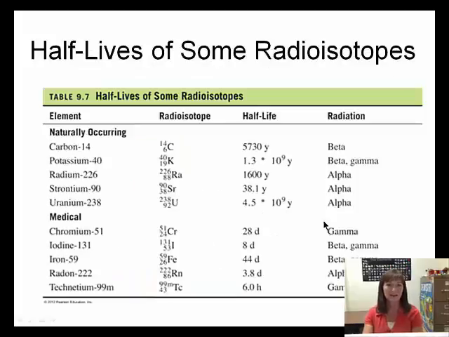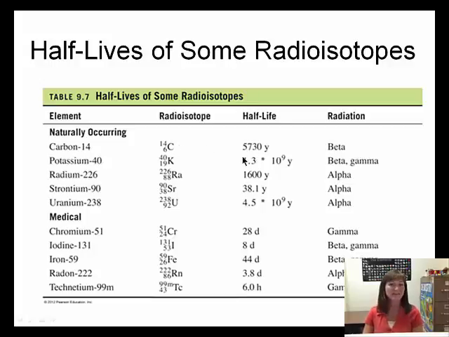Here are the half-lives of some radioisotopes. Here we've got some that occur naturally. Down here we have some that they use for medical diagnostic purposes. Let's just point some out. Carbon-14, which is what is used in carbon dating. When you carbon date how old an object is, you might use carbon-14.